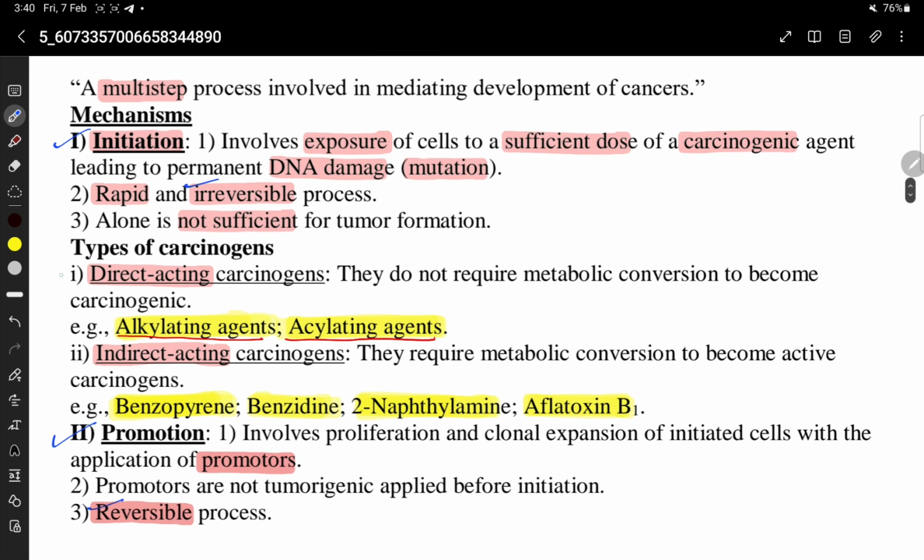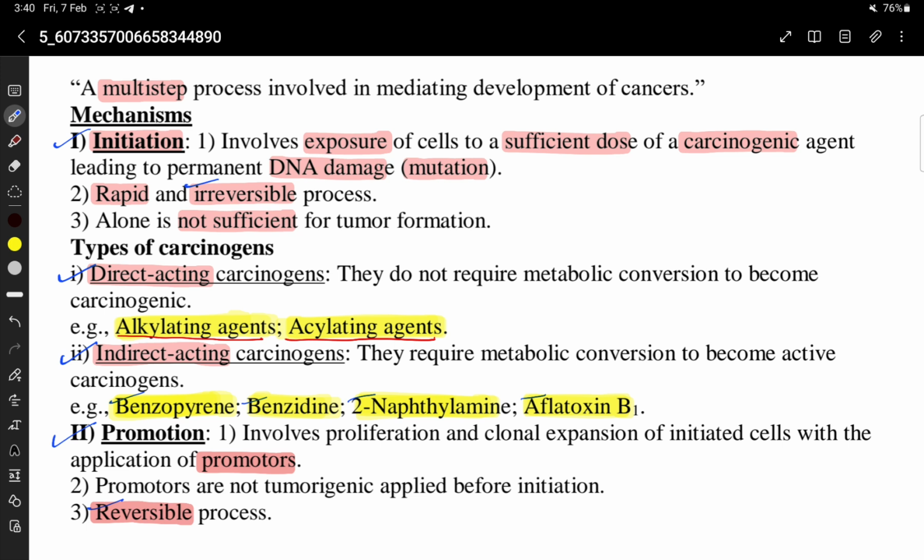Two types of carcinogens: direct acting and indirect acting. Direct acting, for example, alkylating agents and acylating agents.